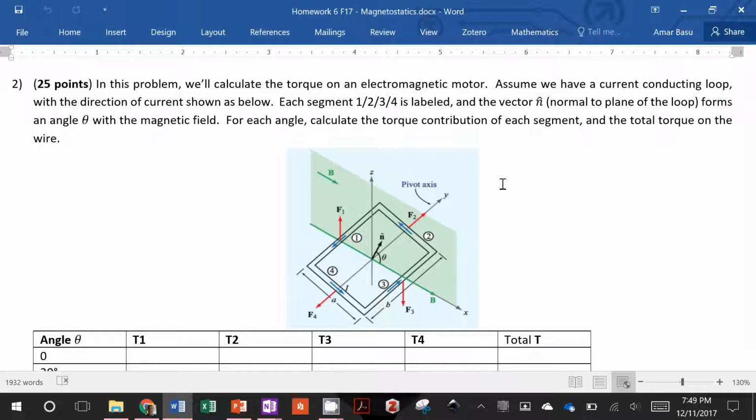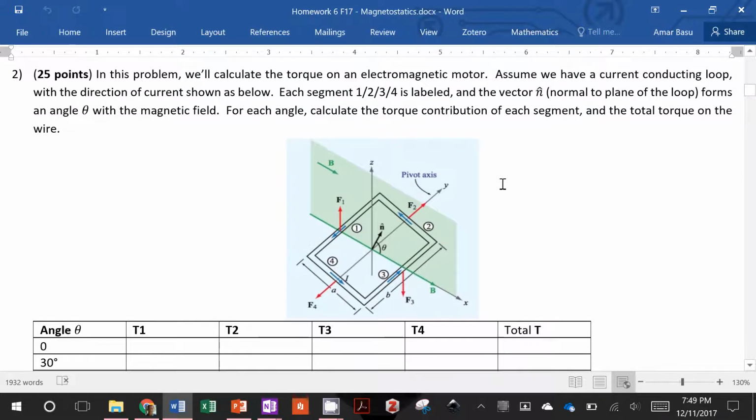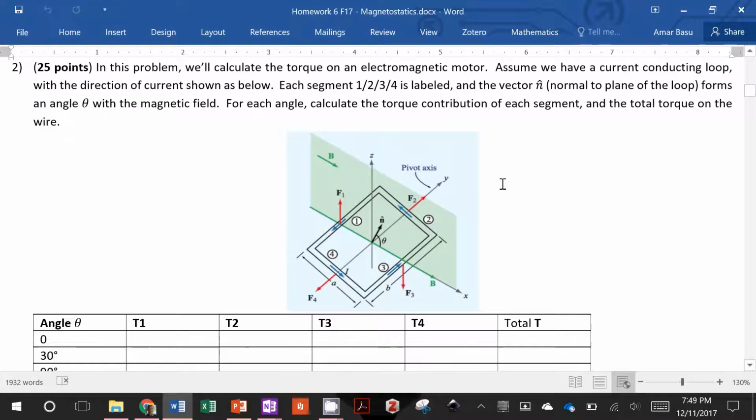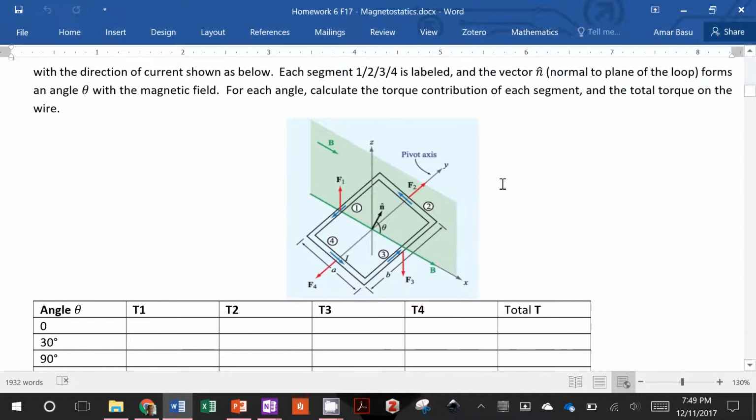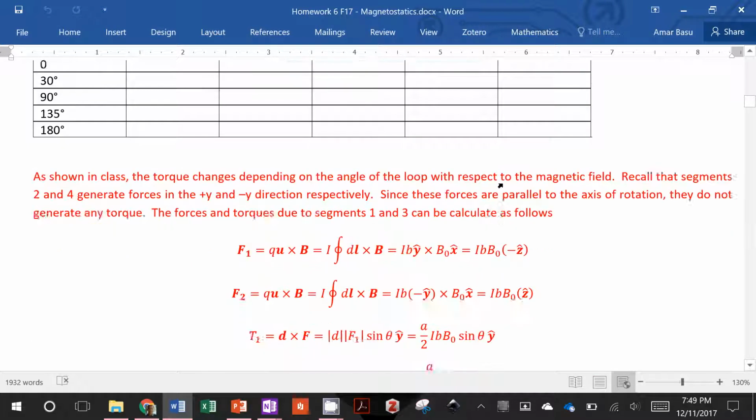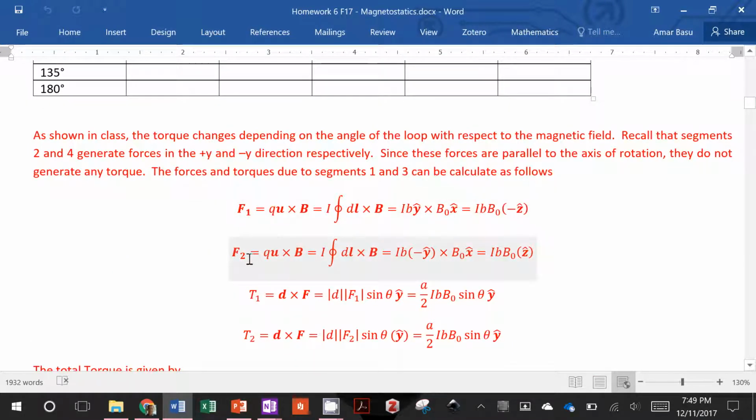Jeremy, did you have a specific question on this? Is it force 1 and force 3 that you're doing, or force 1 and force 2? It should be 1 and 3.